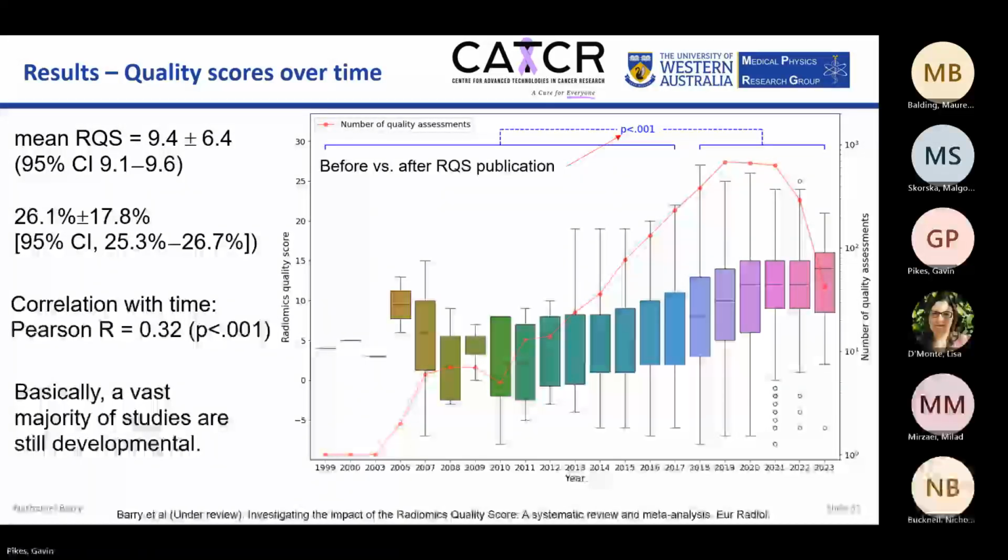So most of these studies tend to be developmental and haven't really progressed to more of an advanced stage of development, at least according to the radiomics quality score. But we can see that there has been an extremely significant increase in the score over time, as you can see from this box plot here.